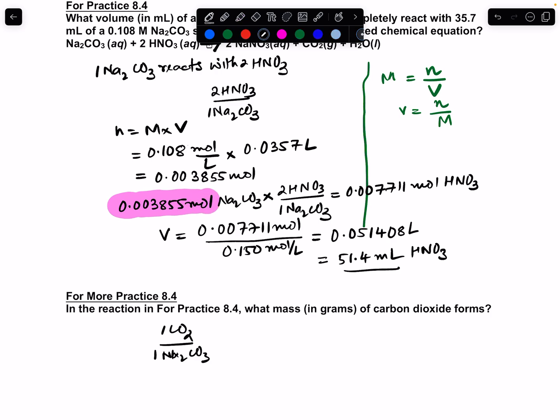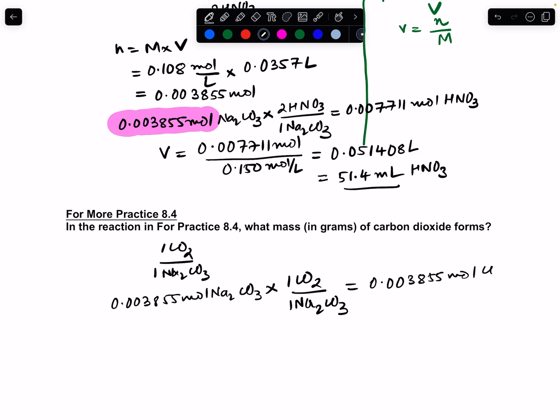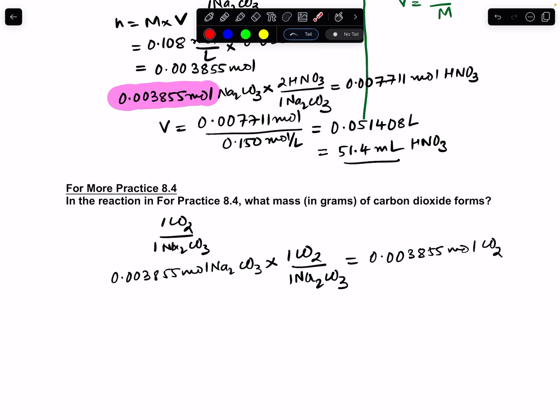So let's use that: 0.003855 moles Na2CO3 times 1 CO2 over 1 Na2CO3. That gives me the same amount, 0.003855 moles CO2. Now, I'm going to convert these moles to grams because the question is asking us for grams.